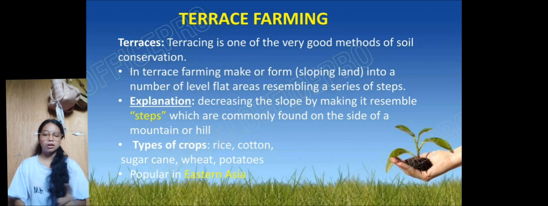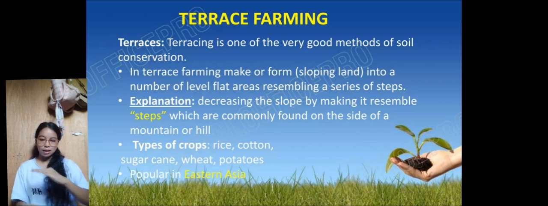So ang usa is the terrace farming. Terracing is one of the very good methods of soil conservation. In terrace farming, make or form sloping land into a number of level flat areas resembling a series of steps. So kani siya maka-decrease, ang step by step is makatabang siya.